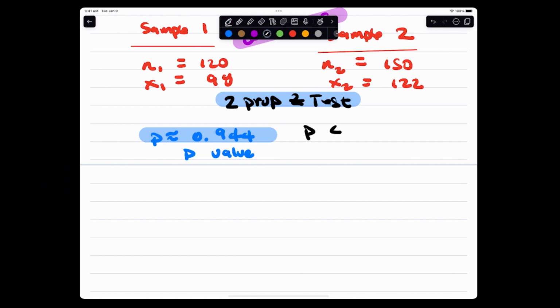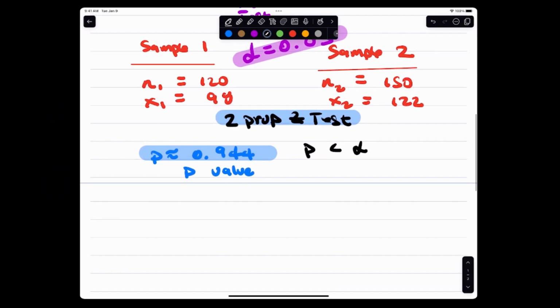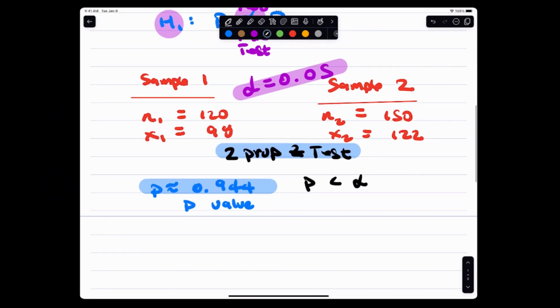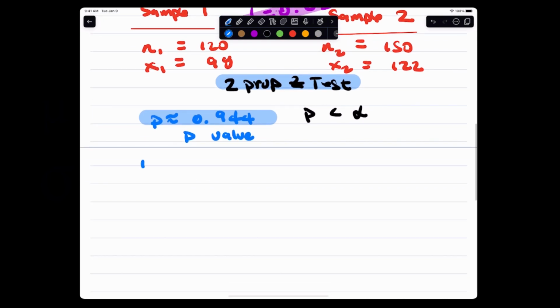So what you're going to see here for the p-value is p less than alpha. If p is less than alpha, and this is why you have to know the level of significance, because that p-value is the probability that the null hypothesis is valid. This is the probability H naught is valid.